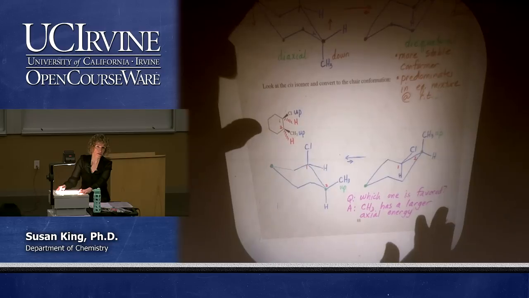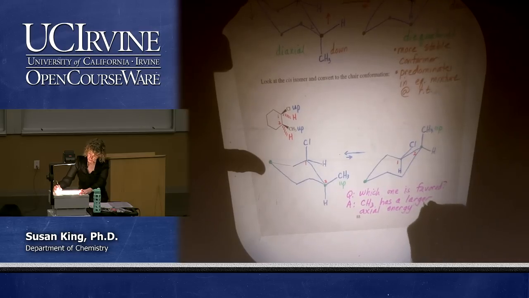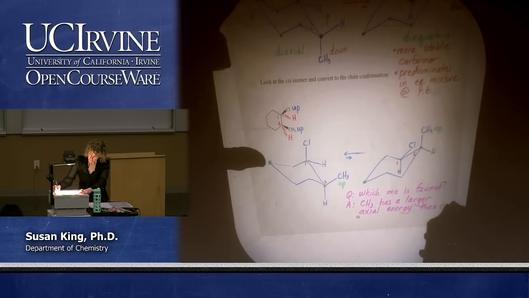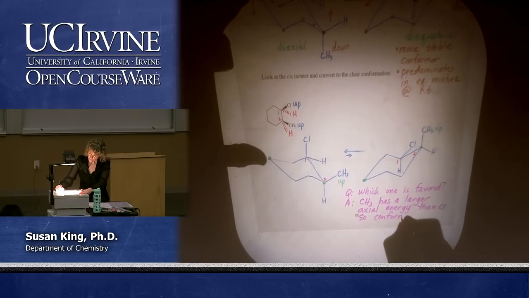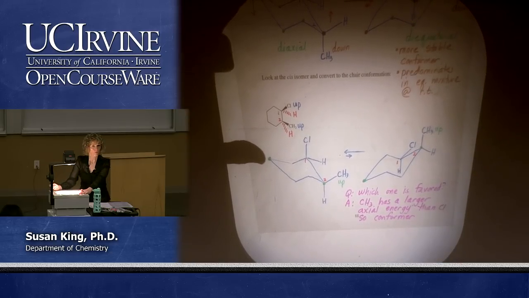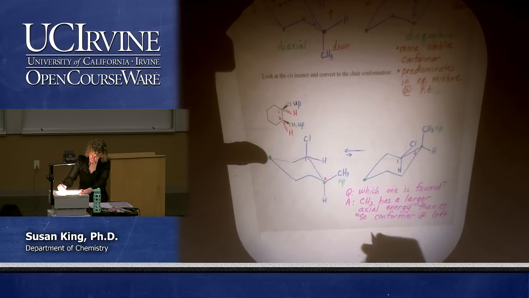The one with the larger axial energy gets the equatorial position. Methyl has a larger axial energy than Cl. So the conformer on the left, you can call it a conformer, you can call it a conformation. If you want to sound really pro, you'll call it a conformer. The conformer on the left. Doesn't that sound more professional, I guess? The one on the left is favored.